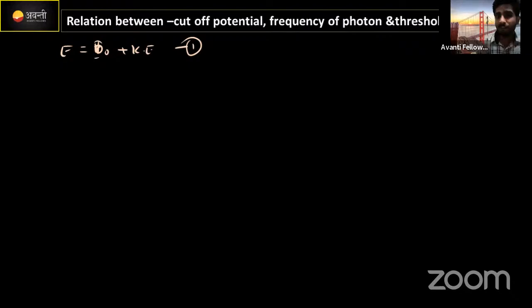If I take h nu naught to the left-hand side, the equation becomes h nu minus h nu naught is equal to the kinetic energy. And the nu is there. Nu means frequency, guys.